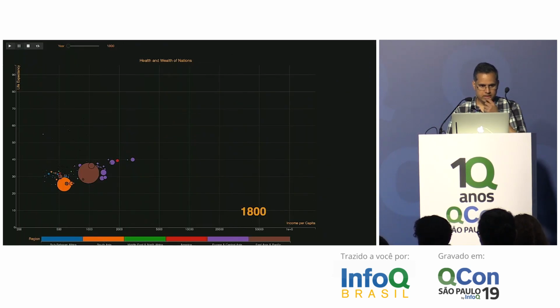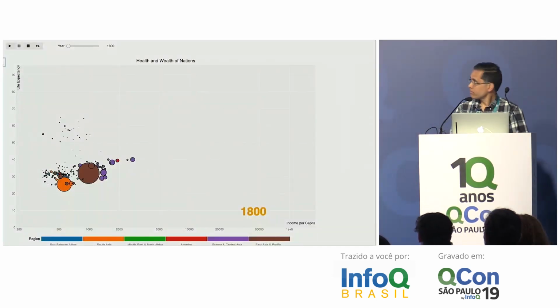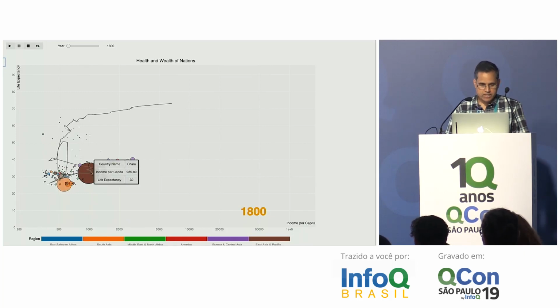So let me use a white theme here for a change. So here I created a bubble chart. The x-axis is the income, the y-axis is the life expectancy, and the size of the bubble is the population, right?